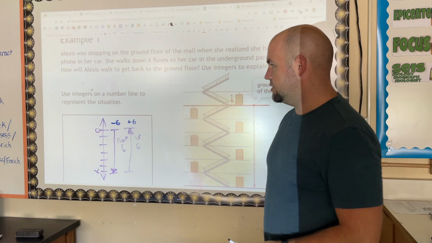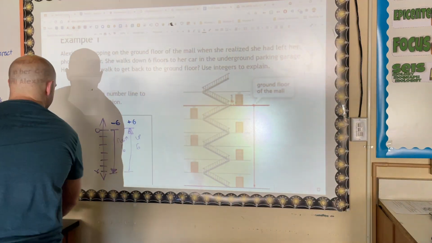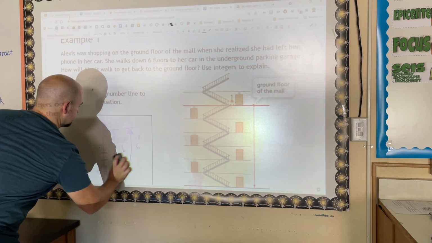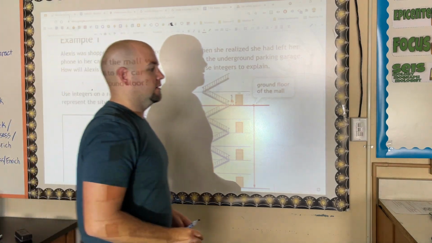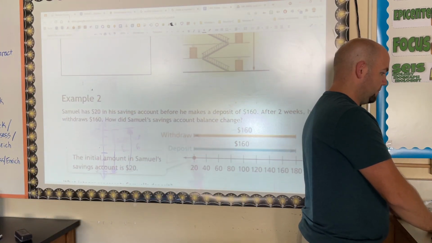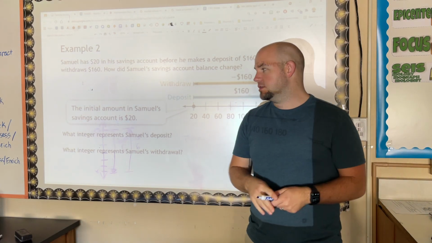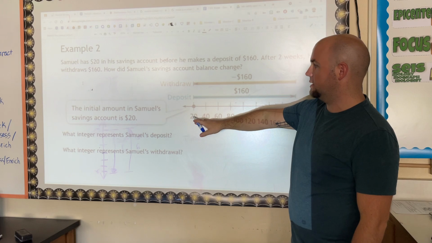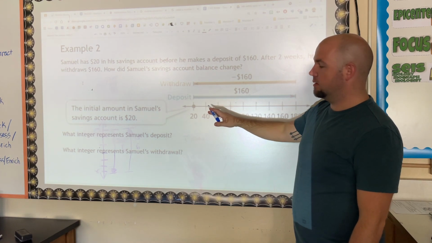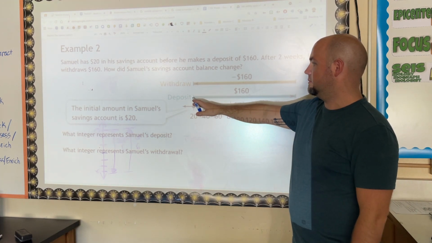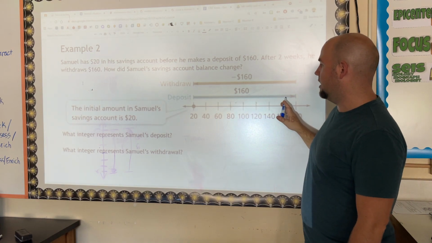Let me erase this. Let's move on to example number 2. So example number 2, Sam has $20 in his savings account. So he starts with 20. He's going to get a deposit. He's going to get some cash. He's going to make a deposit of $160.